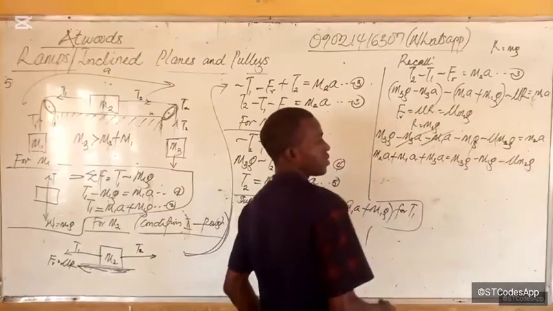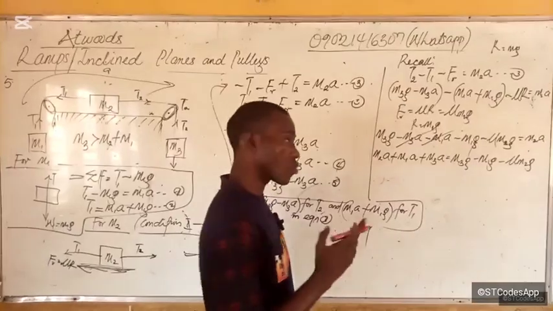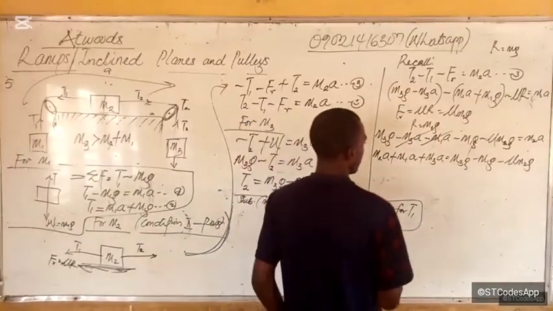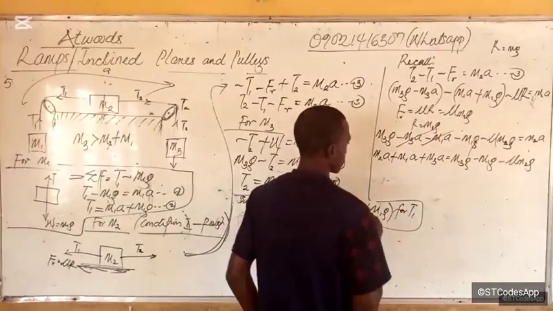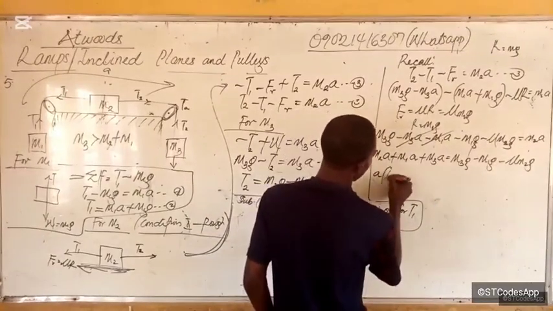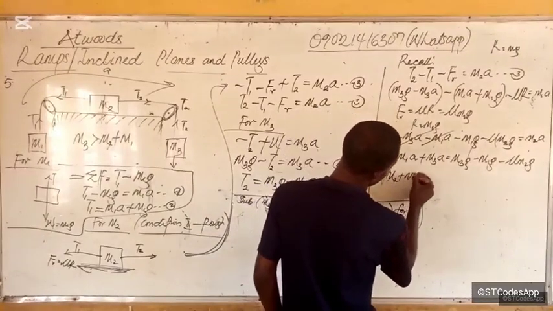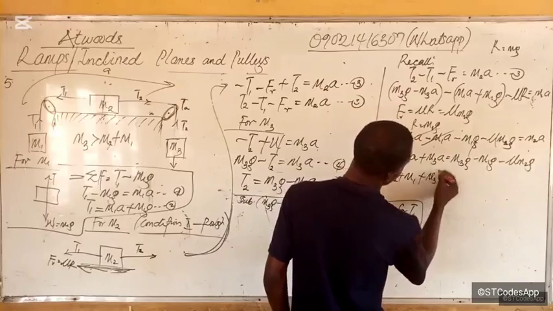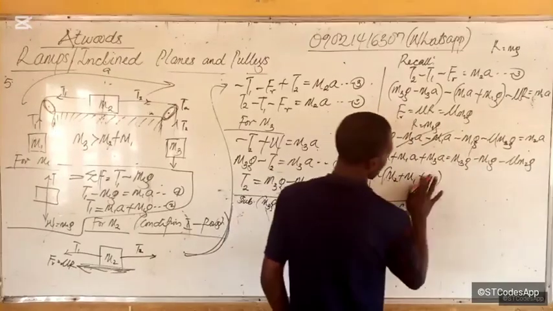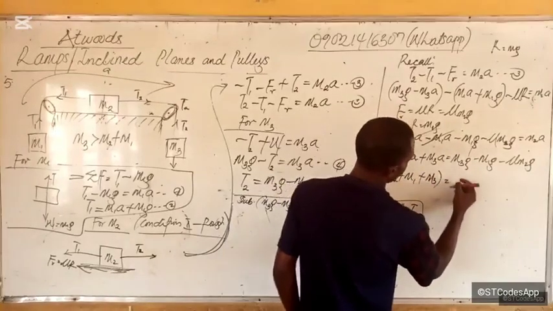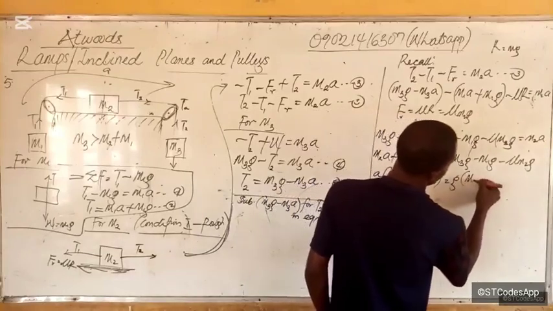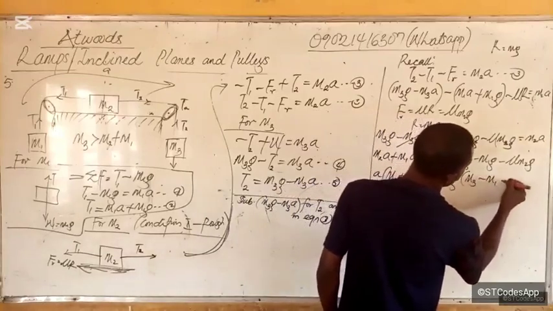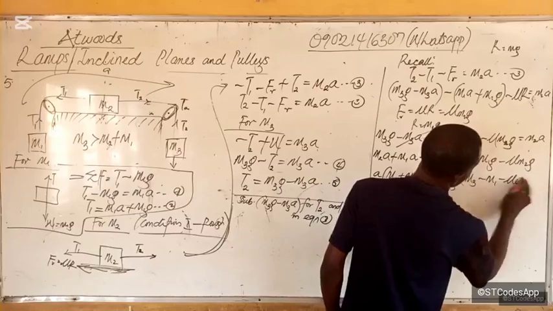And in a case where friction is to be considered, you'll be given the coefficient of friction, don't worry. So A is common between m2, m1, and m3. G is common between m3, minus m1, and minus mu m2.